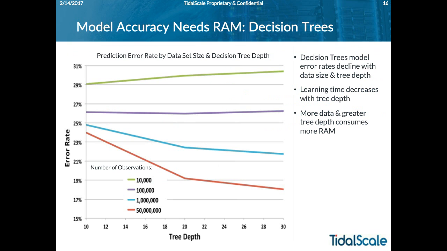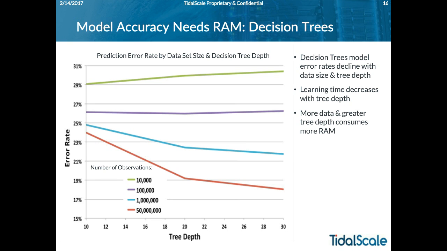So for example, if we're trying to get more accuracy, right, one algorithm to use here is decision trees. And if we're looking for the right combination of error rate and observations, what we see is that this correlates to tree depth, right?